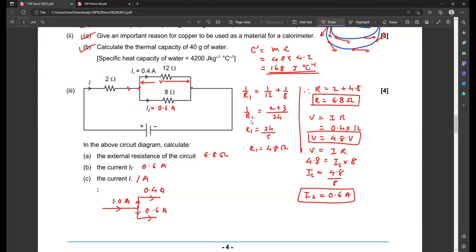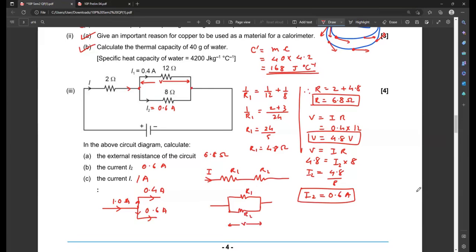Okay, any questions in this? Do we have to write a statement like the potential difference across two parallel resistors is same? Yeah, the potential difference across parallel resistors will be same and the current in resistors in series will be same. So over here, R1 and R2, I will be same. And if you have R1 and R2 connected in parallel, the voltage will be same across them.